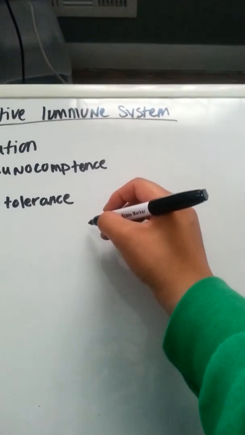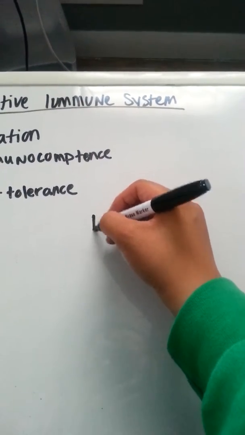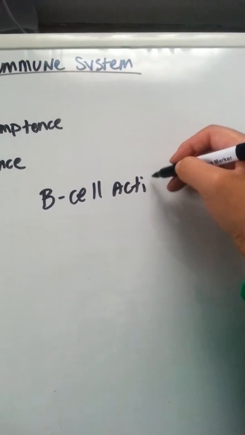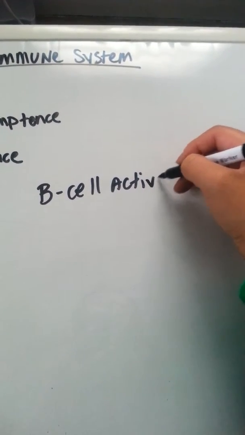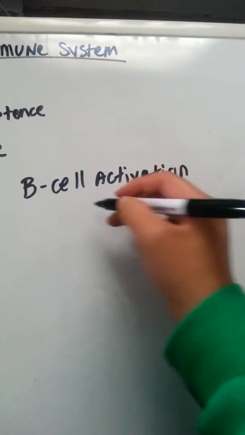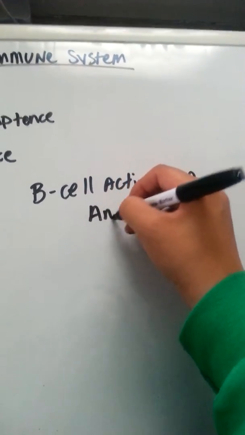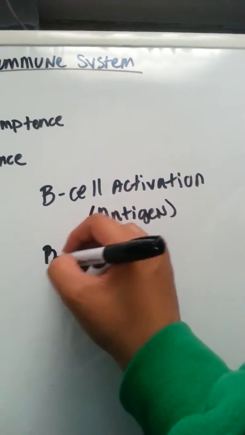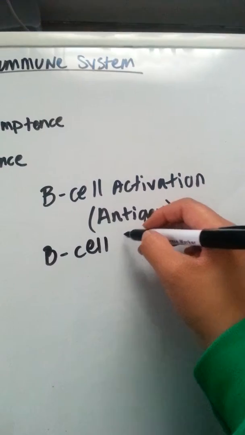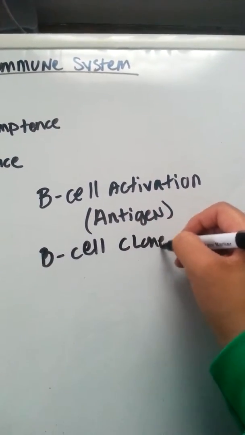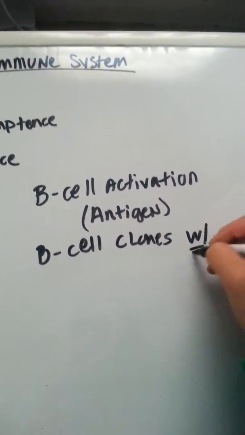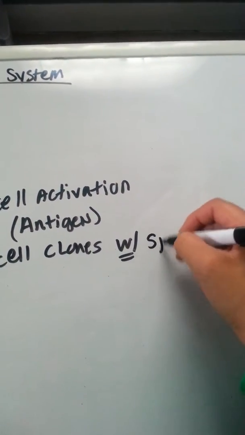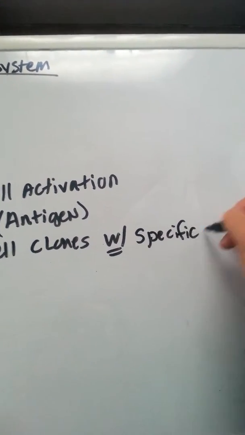Once they are stimulated with an antigen, that is B cell activation. That means that it got an antigen, and then it's going to clone itself. B cell clones, with the main word being the specific antigen.